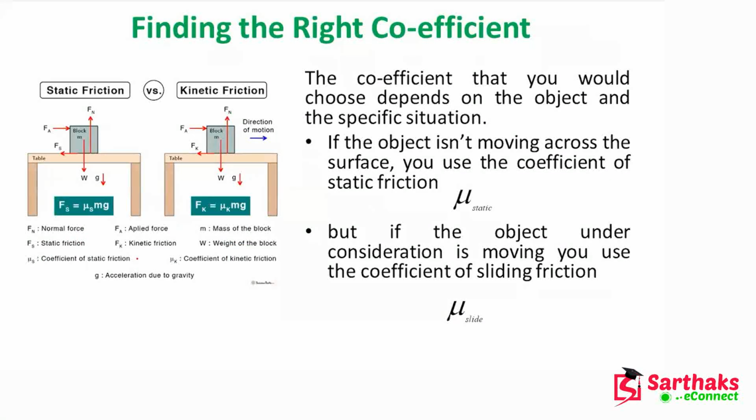Now, how to find the coefficient? Static friction is one type, and another is kinetic friction. The coefficient of friction depends on the object for any specific situation. If the object is not moving, that means your object is static, it is standstill.